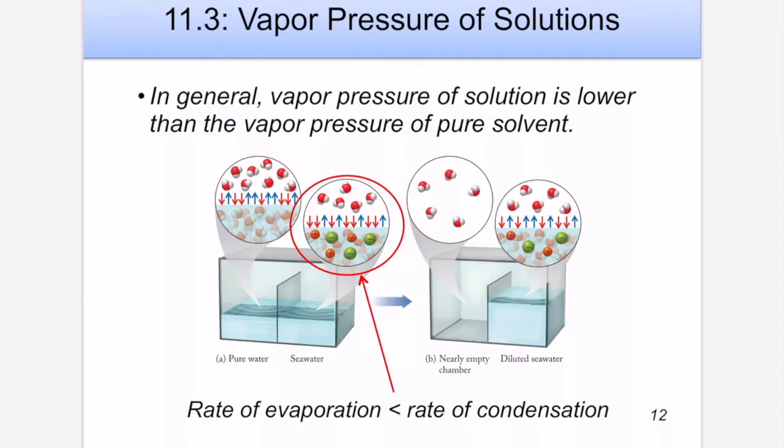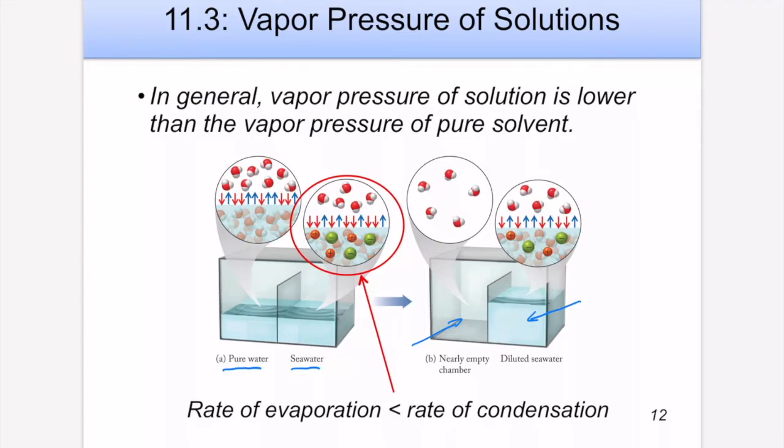So for example, if we have a container that contains pure water on one side and seawater on the other, what will happen over time is that the water will evaporate faster than the seawater because it has a greater vapor pressure than the seawater, which is a solution of salt and water. And what will happen is that the seawater side will end up increasing in volume, whereas the water side will end up decreasing in volume.